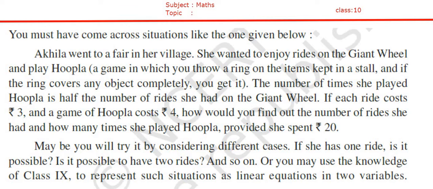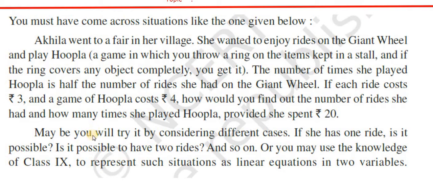Just look into this and read it once. Read this in your mind, all of you, and try to understand by yourself. Maybe you will try it by considering different cases. If she has one ride, is it possible? Is it possible to have two rides?